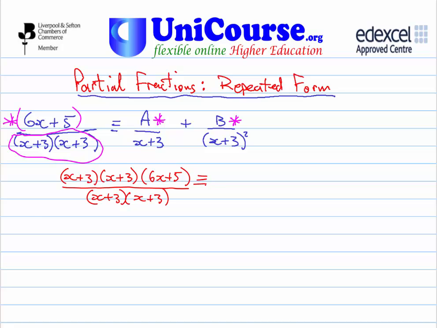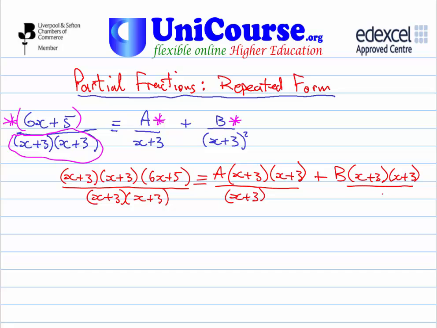And I'm saying this is equivalent to A lots of x plus 3, x plus 3, all sitting over what was there in the first place, a single x plus 3, for the A side, and B lots of x plus 3 times x plus 3 sitting over x plus 3 all squared.